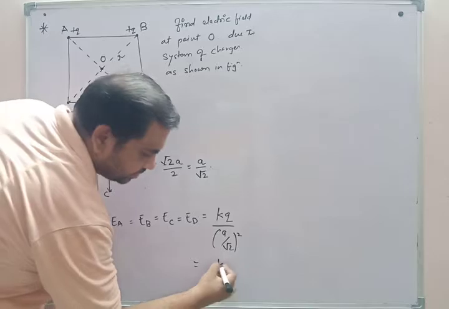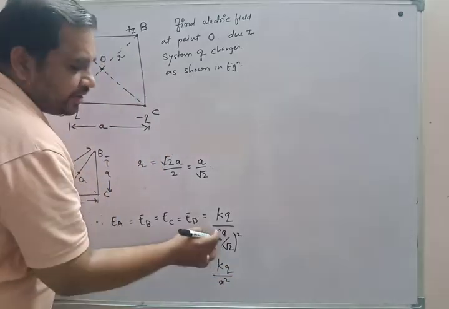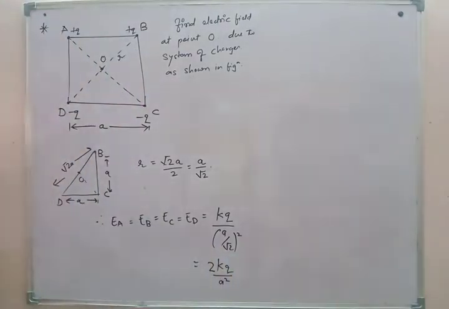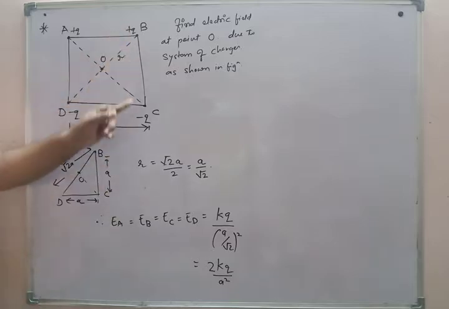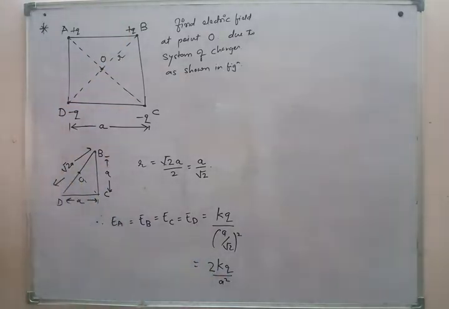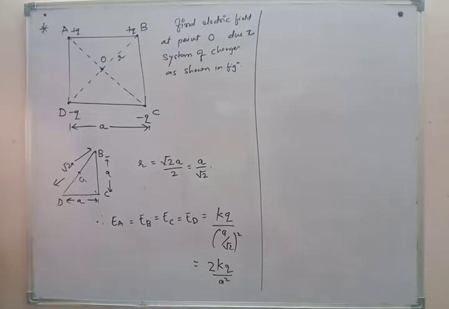So this becomes kQ by a square in the numerator, and in the denominator the 2 goes up, so the electric field due to the charge placed at A, B, C or D is 2kq by a square.